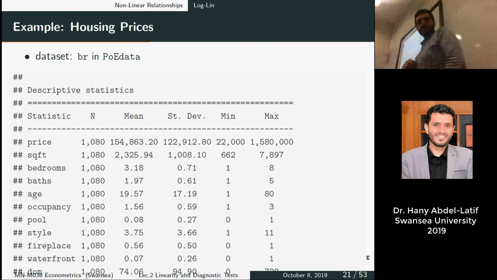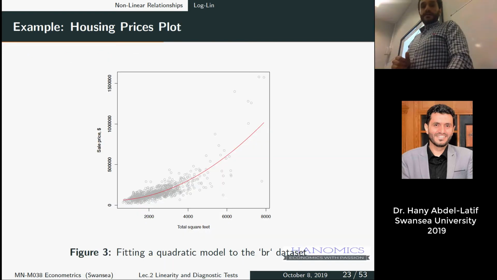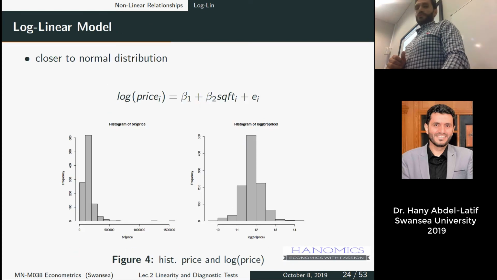What we have here is house prices, and square feet is how big the house is, the number of bedrooms, baths, whether it has a swimming pool or not. These are the descriptions of the houses in the data set, and we have data for 1,080 houses.